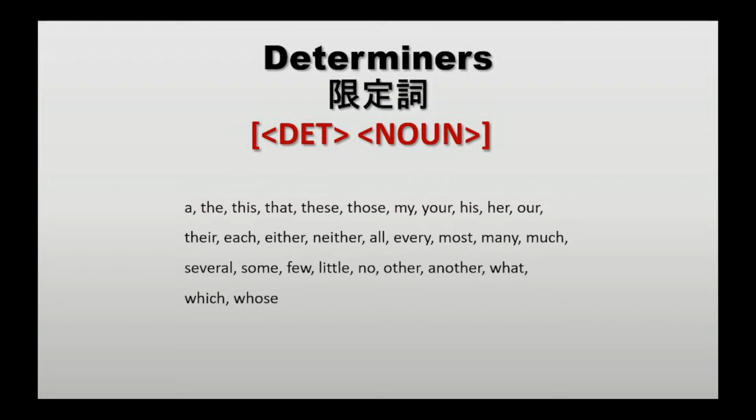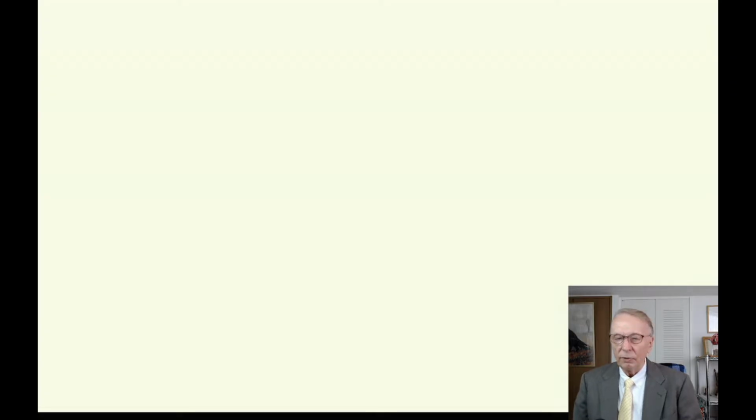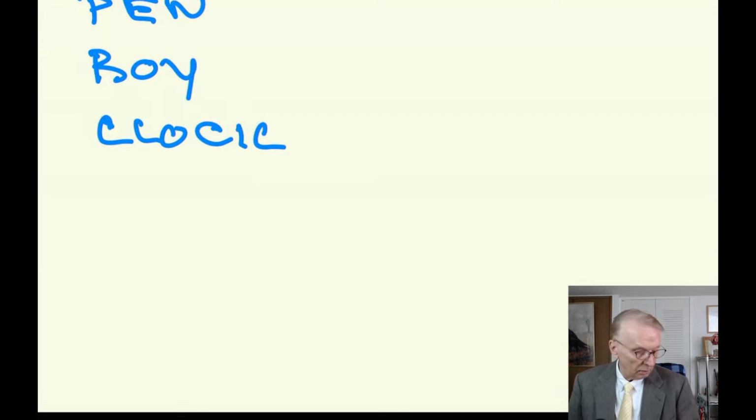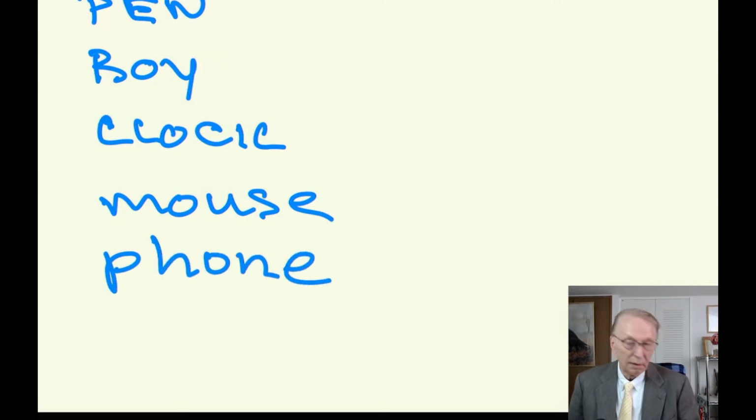So if we think about a determiner, for example, if we just say the word pen or boy or clock or mouse or phone. Now, these are typical nouns, and alone they are just vocabulary items. They have no meaning. If you just say pen, what pen? Or boy, what boy? So it has no meaning.